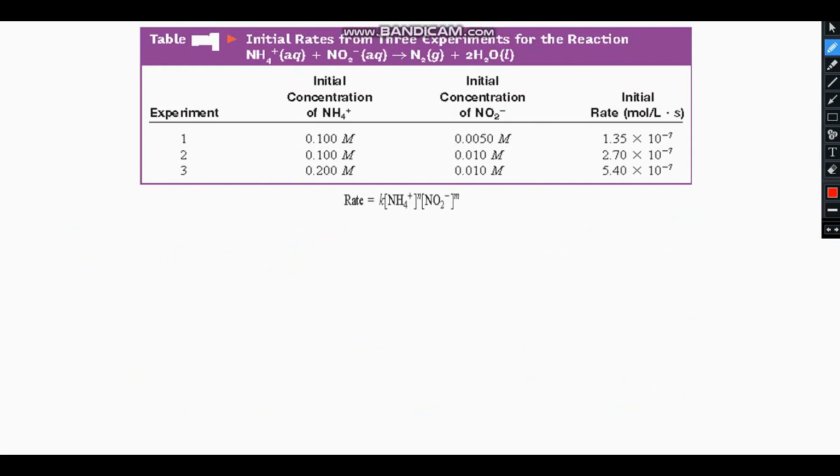So we have this rate law which we have here. So basically we'll be plugging the values of the concentrations and the initial rate in the equation.